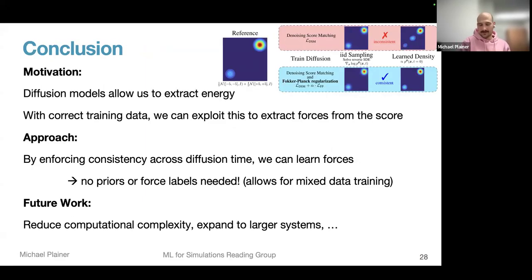Yeah, so to summarize, we now saw that we can use any diffusion model that was trained on the Boltzmann distribution and extract an energy out of it, and use this with this score-force relation to extract forces out of it. So that means we can use a diffusion model trained on Boltzmann distributed data also for simulation.